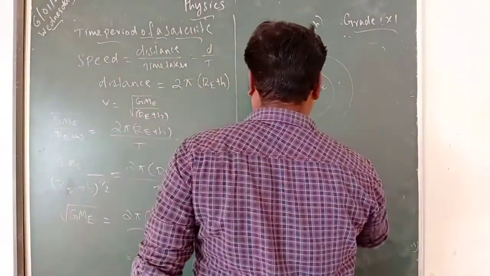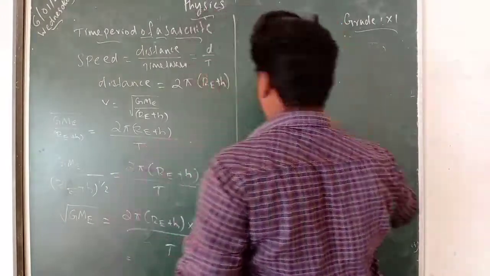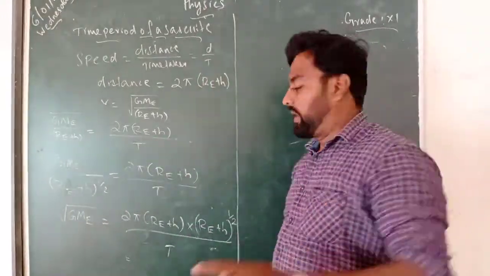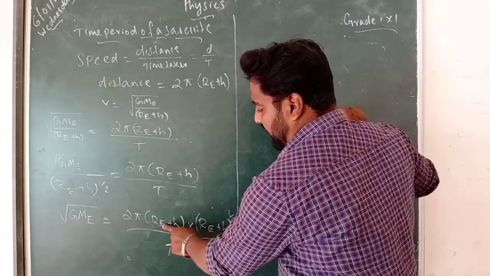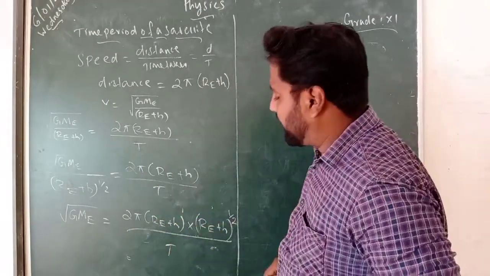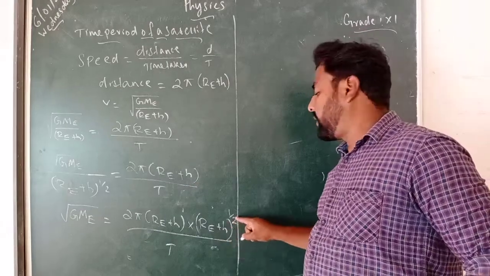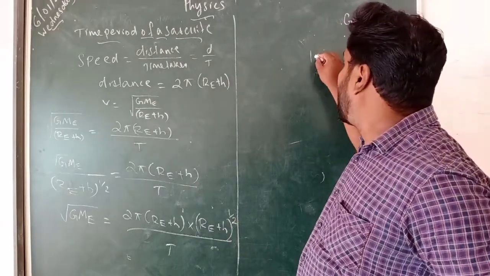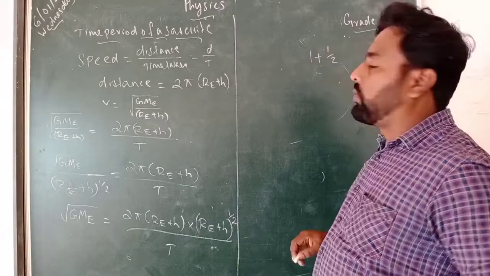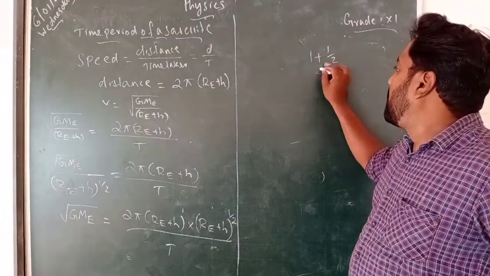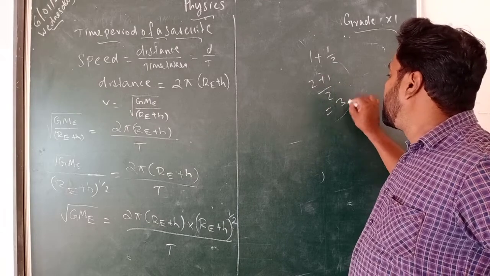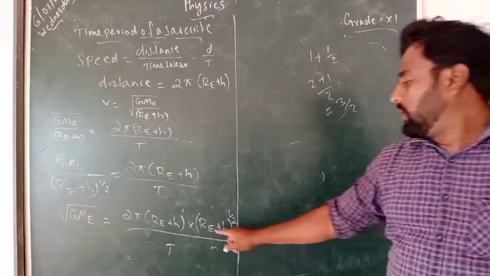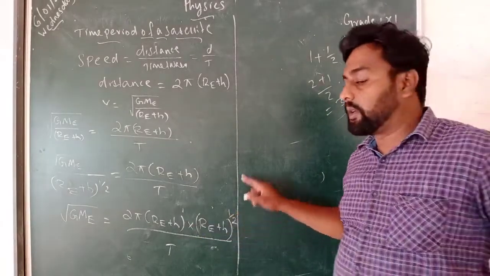Now let us see here. (R_E plus h) to the power 1 is there, and here (R_E plus h) to the power 1 by 2 is there. So 1 plus 1 by 2, what will come? The LCM is 2, so 2 plus 1 by 2, that is 3 by 2. So the power becomes 3 by 2.